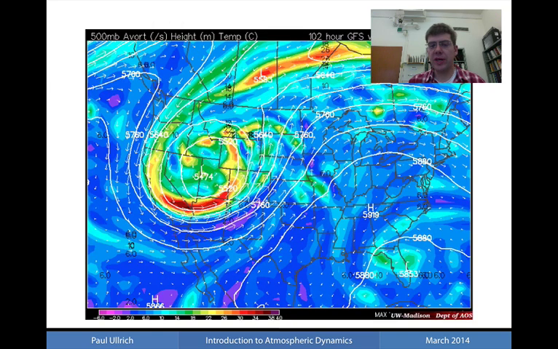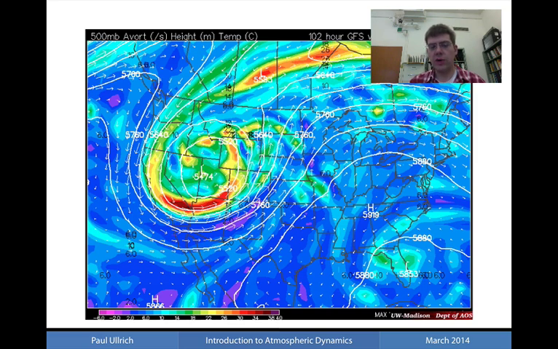Here is a plot in which we can see a 500 millibar height field in combination with corresponding wind vectors. Here if you follow closely along the wind vectors shown in this particular plot, you'll notice the existence of a highly vortical region closely associated with the low pressure denoted at a geopotential height of 5,474.